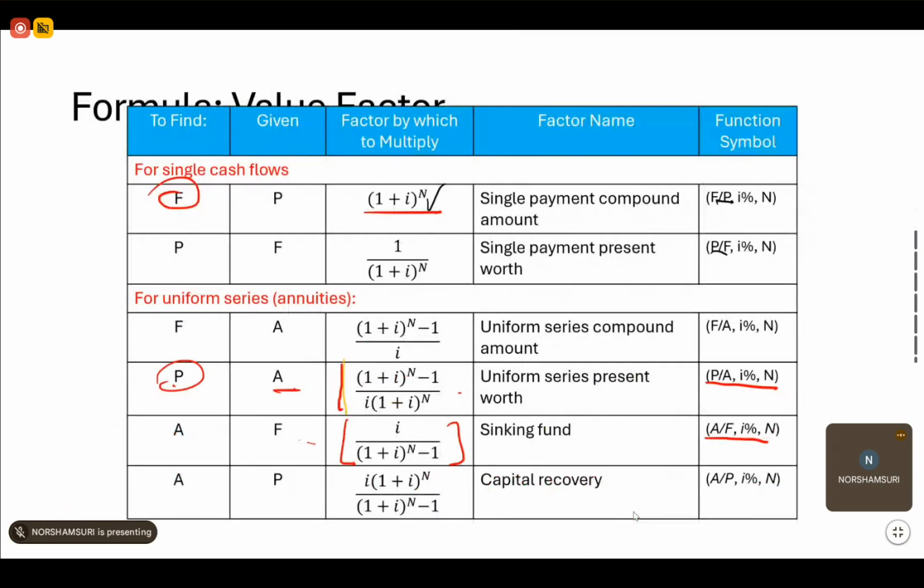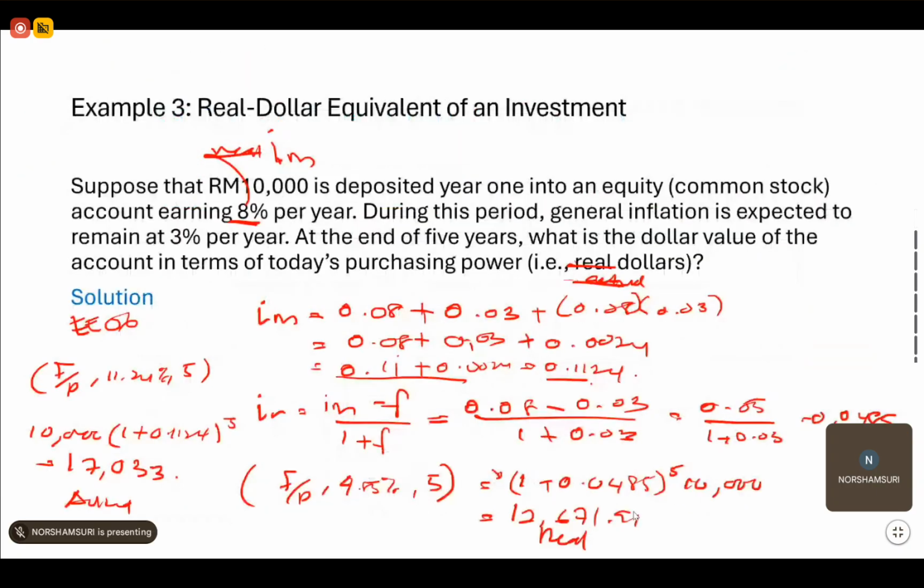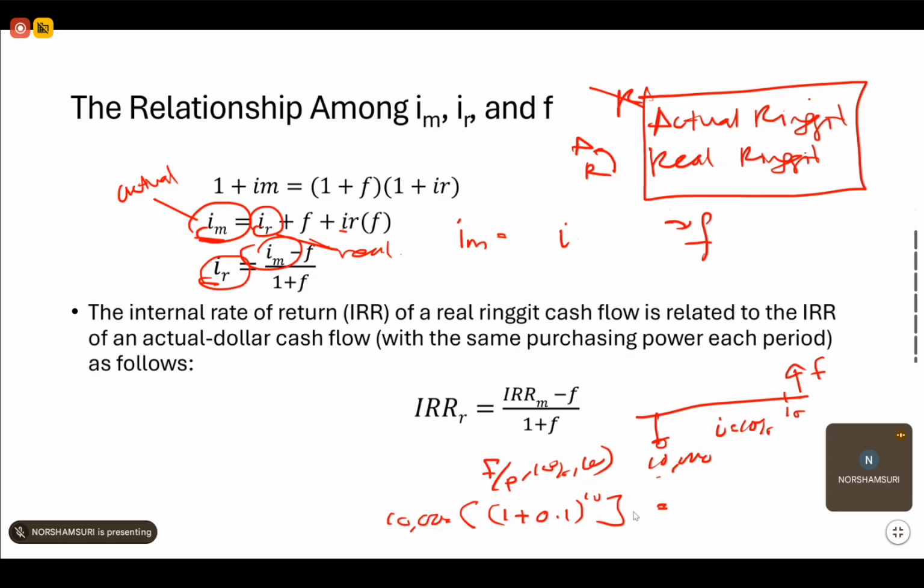Okay? So just now, times 10,000, your money becomes 25,937. But then, if you want to calculate the inflation, you know that this is your future value.